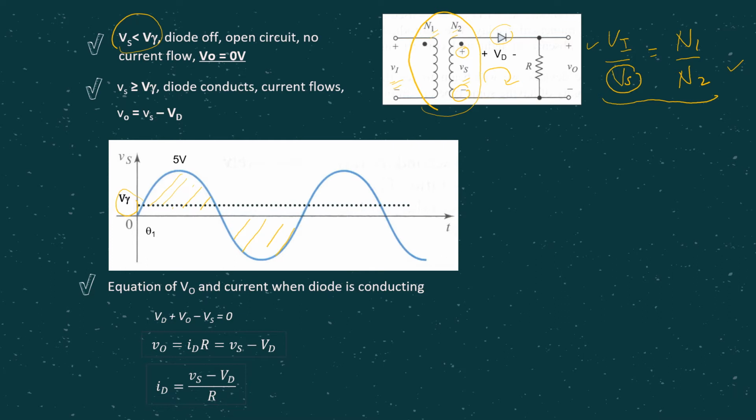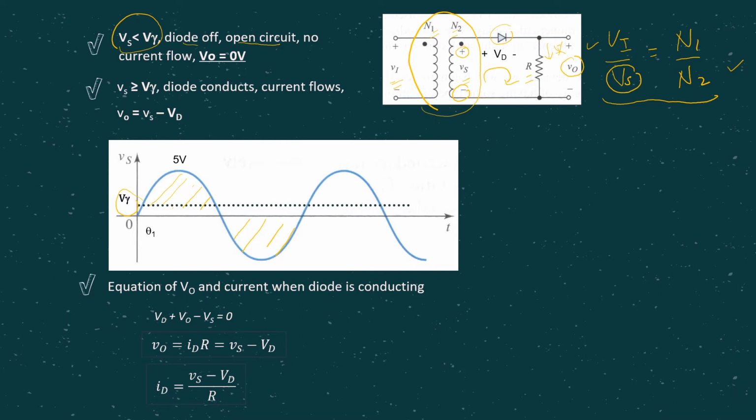So when the diode is off, open circuit, no current flows, obviously, then at that time V naught equals 0 volt. Where is V naught? V naught is the voltage across the R. Since the current is 0, obviously V naught also will be 0.